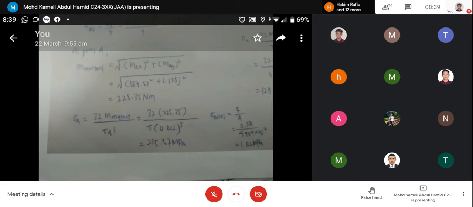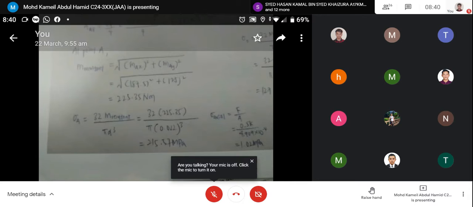And then the cross-sectional area at point A for this one is 4.9, this is for OA. OA punya cross-sectional area. Okay, so you can get that value 1.02 megapascal. Okay, this is stresses at point A.